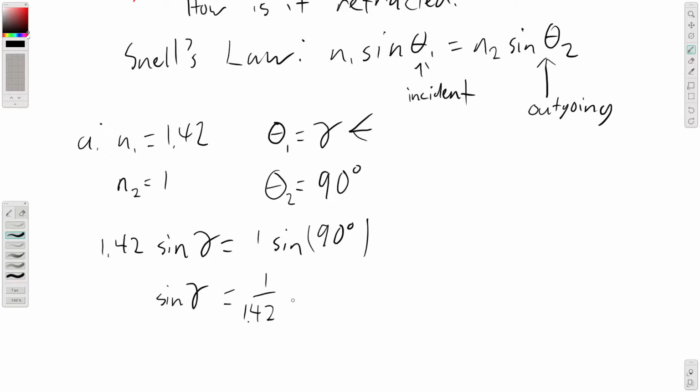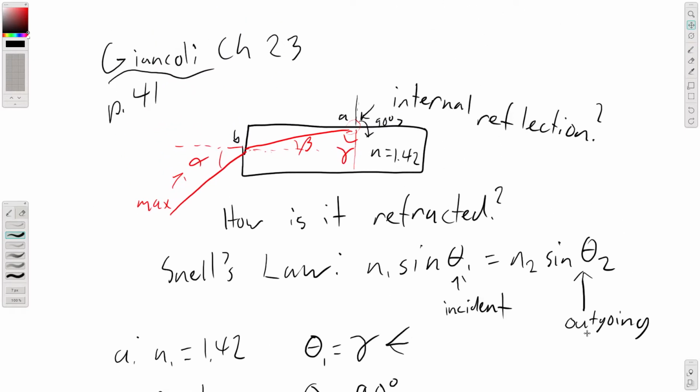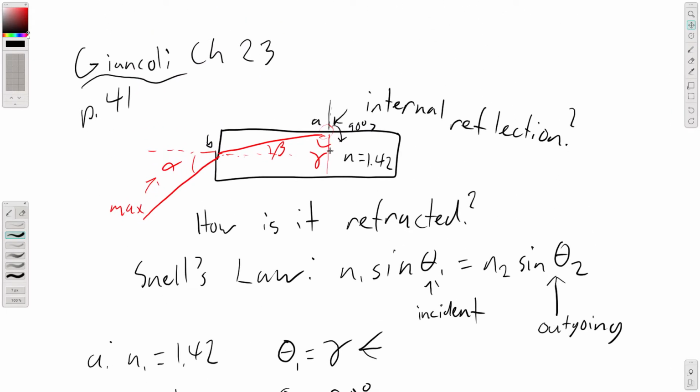And we divide by 1.42. We solve further for gamma using an inverse sine, and we get this, which is numerically equal to 0.7813 radians. Knowing this, we can move forward in the problem, saying that, all right, we know what gamma is.